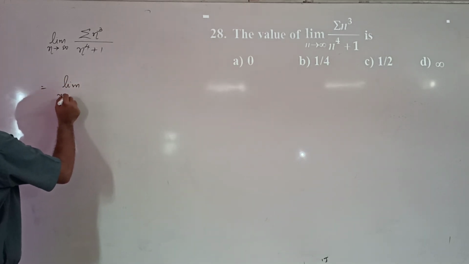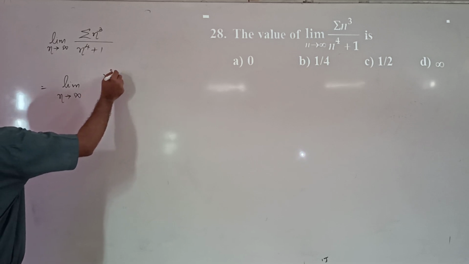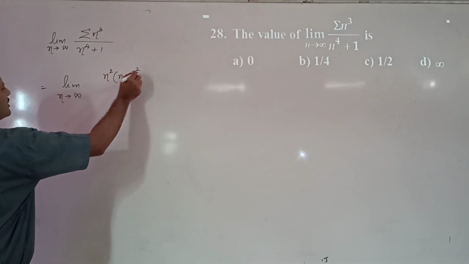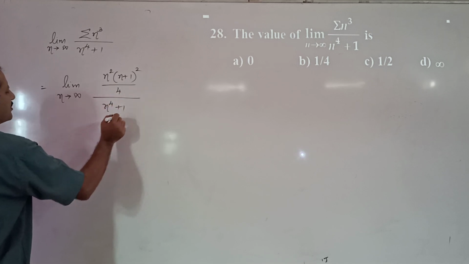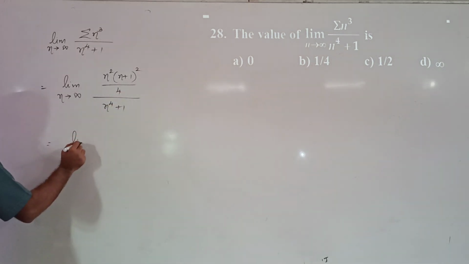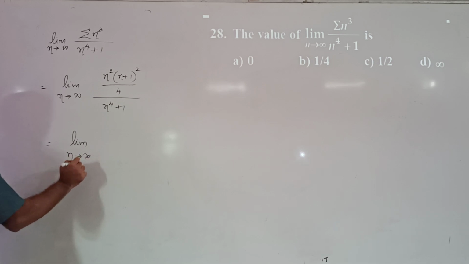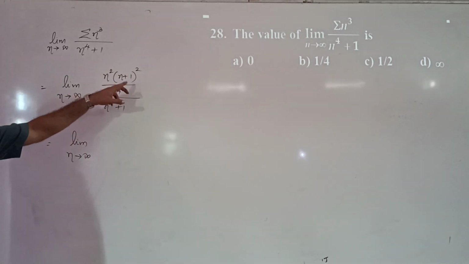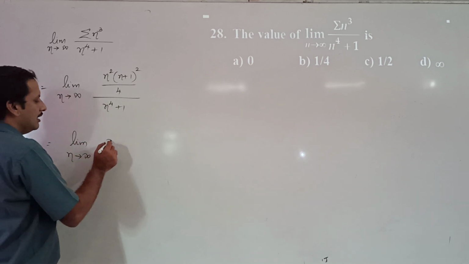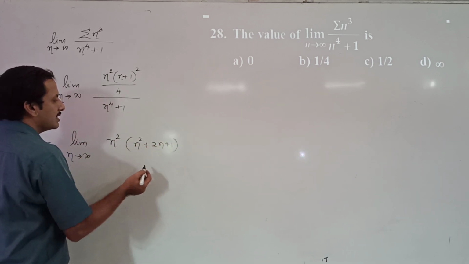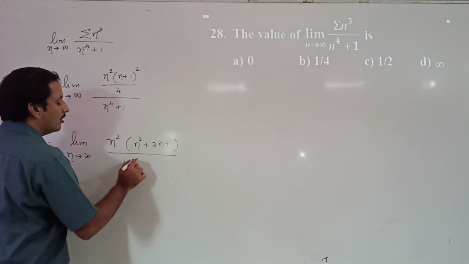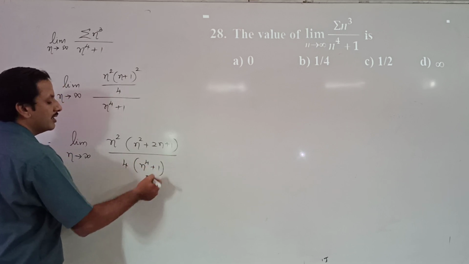Sigma n cube, we know the formula: n square into n plus 1 whole square by 4, divided by n power 4 plus 1. That's equal to limit n tends to infinity. I will expand that n plus 1 whole square, it will become n square plus 2n plus 1 divided by 4 into n power 4 plus 1.